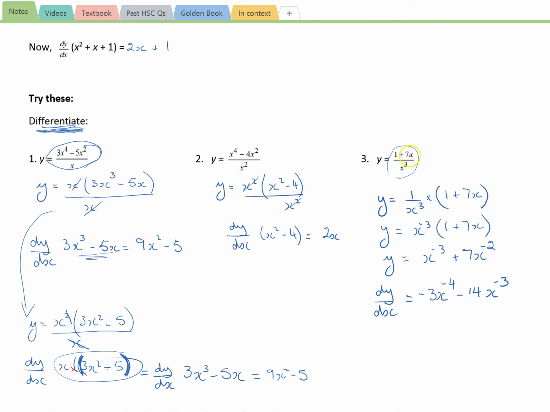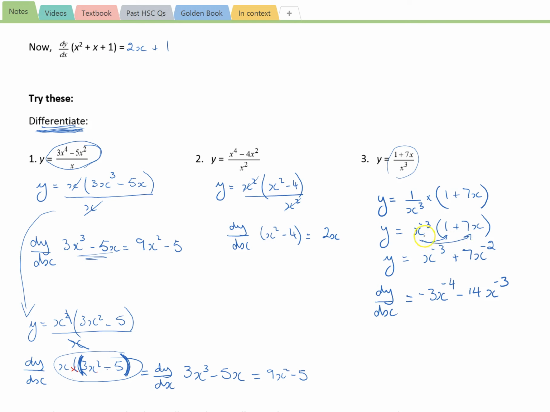So what I did firstly was I broke this fraction up and wrote it as 1 over x cubed times the numerator. 1 over x cubed can be written as x to the minus 3 times this bracket. I don't want a bracket in it, but I know how to expand a bracket. It's x to the minus 3 times 1, and it's x to the minus 3 times 7x.